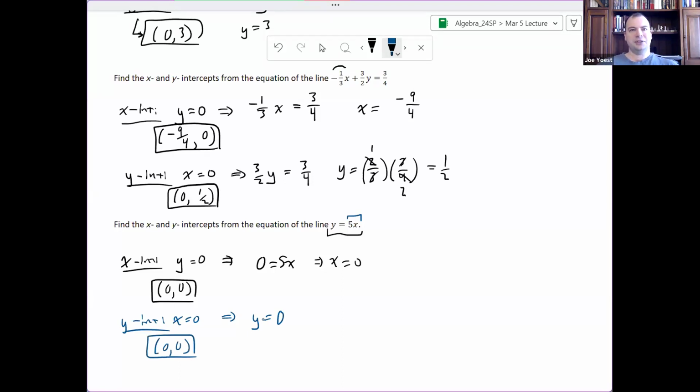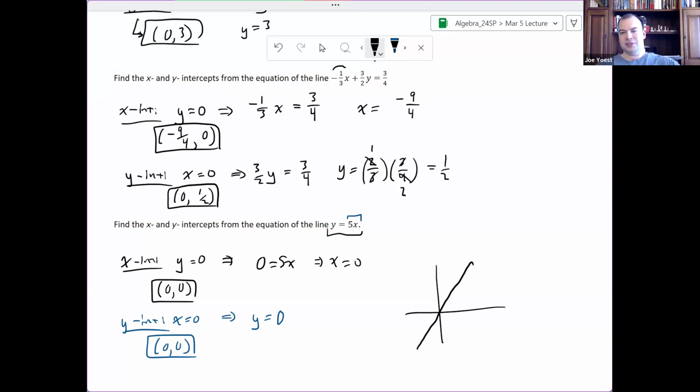In this case, our x-intercept and y-intercept happen to be the same point. Why is that? It's because our graph of the line looks like this. The line happens to cross the x-axis right at the origin, right where the y-axis also crosses the x-axis. So therefore, it crosses the y-axis at that same point as well.